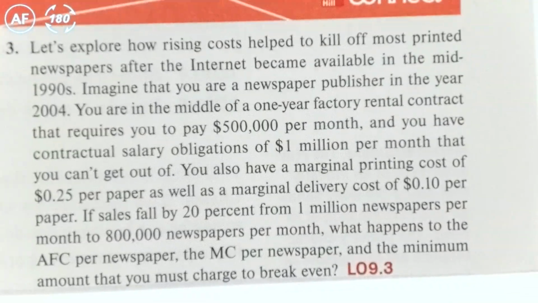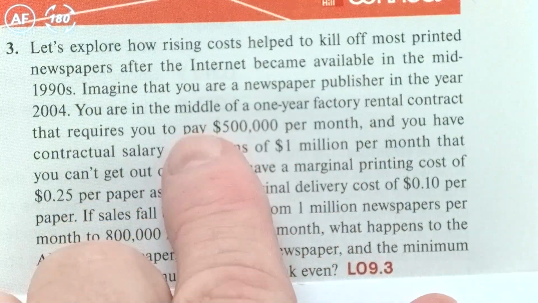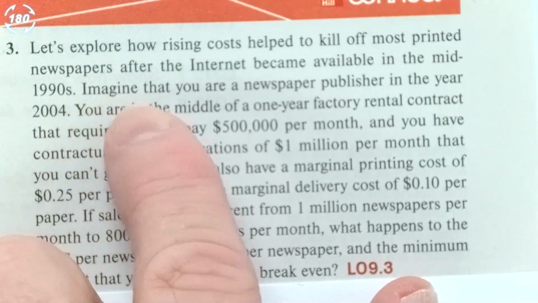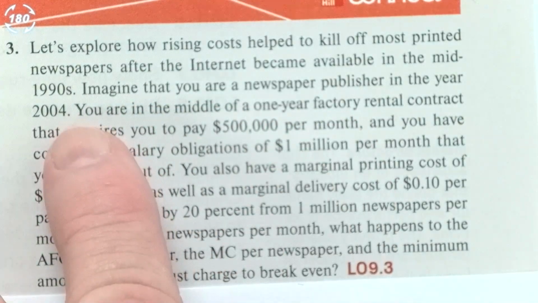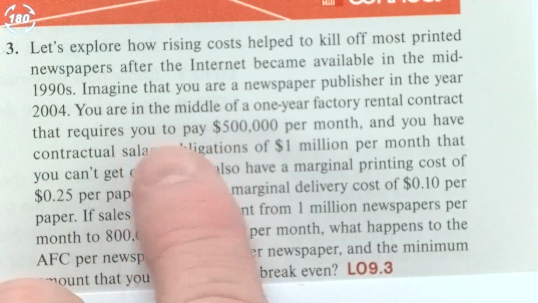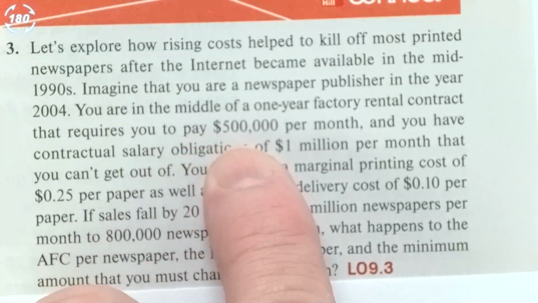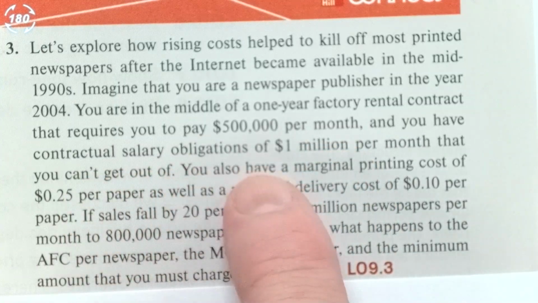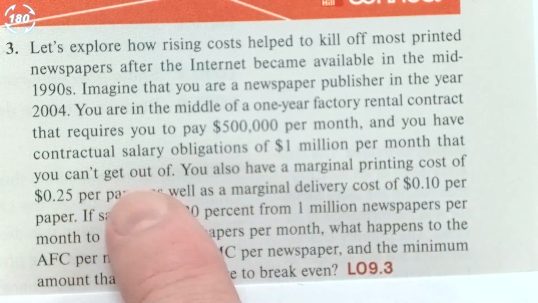Let's explore how rising costs helped to kill off most printed newspapers after the internet became available in the mid-1990s. Imagine you are a newspaper publisher in the year 2004. You're in the middle of a one-year factory rental contract that requires you to pay $500,000 per month, and you have contractual salary obligations of $1 million per month that you can't get out of.